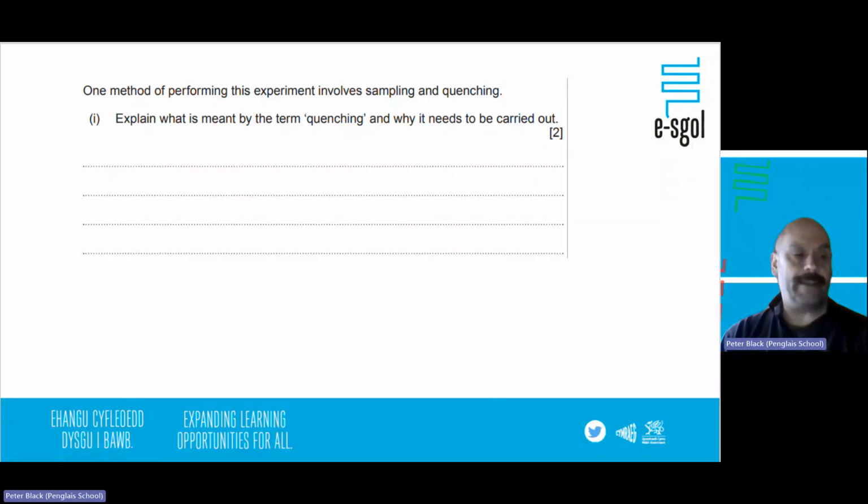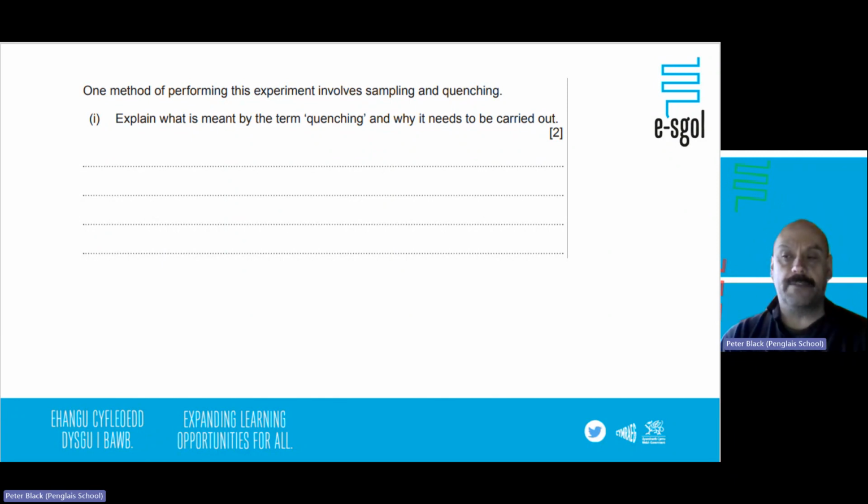The way you stop the reaction is by adding a lot of water to it. The reason it is called quenching is that you stop the reaction in its tracks. You've diluted it massively, and that allows you to carry out titrations so you can determine the concentration, whatever you're looking for. So what's meant by quenching?